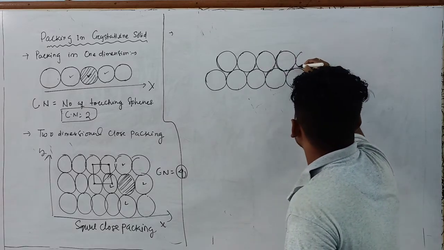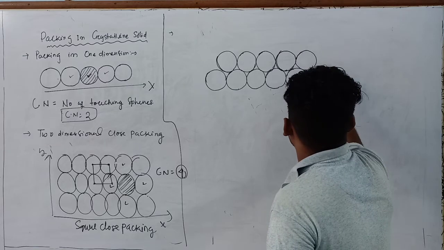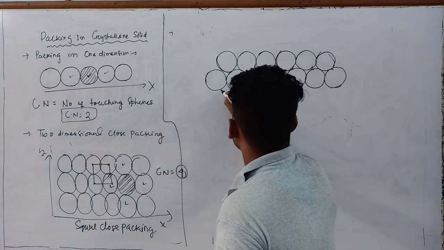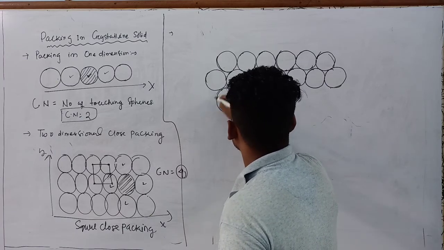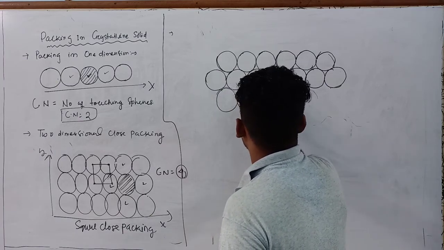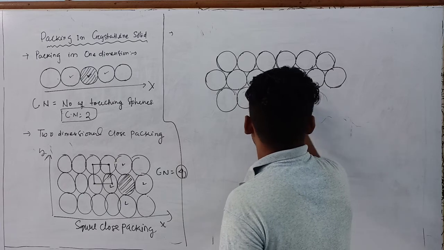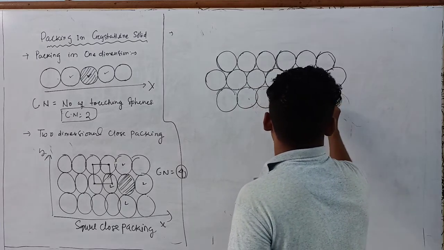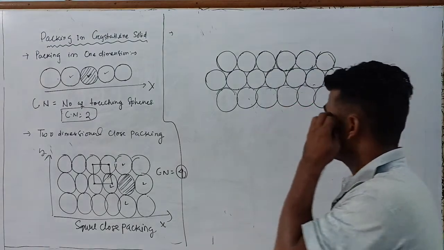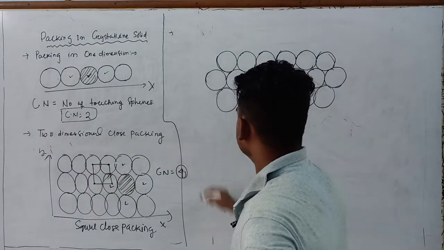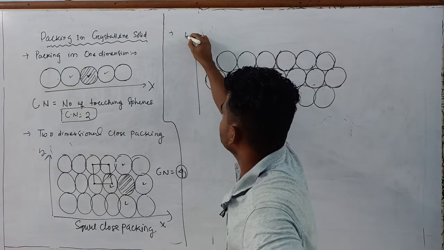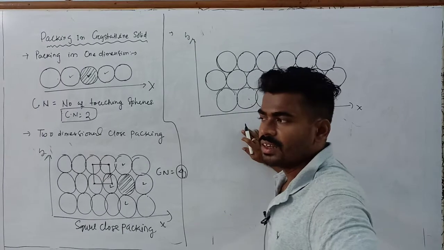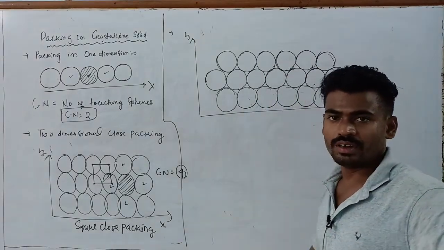See here again, this one is also a 2 dimensional packing. This is, let's say, the y axis and this is the x axis, but the difference is I am placing the layers over the depressions of the first layer.